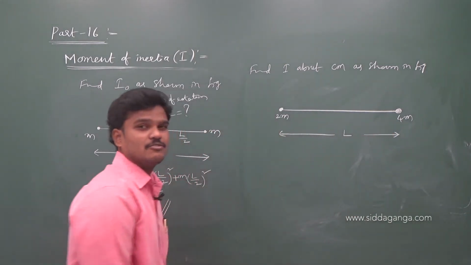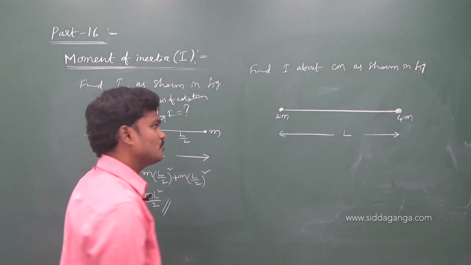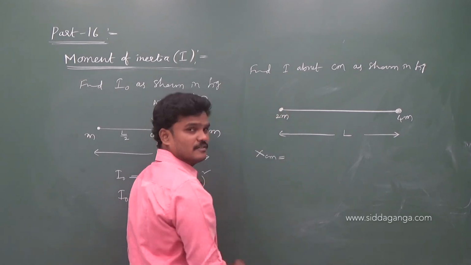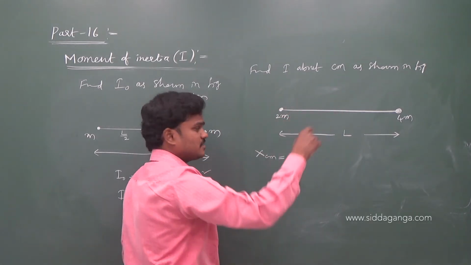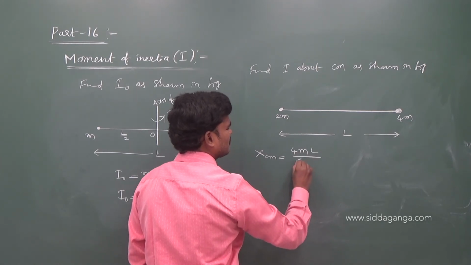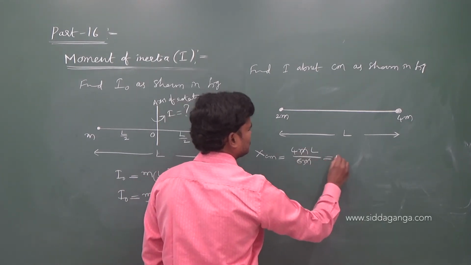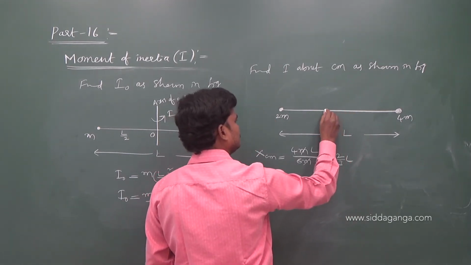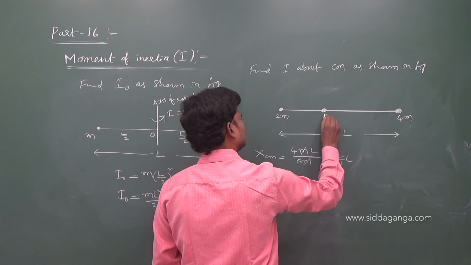Tell me where is the center of mass of this one? I think you know how to find out the center of mass. XCM if you want to find from here, I think you remember opposite mass into distance by total mass. Remember this one? So, this is the center of mass.